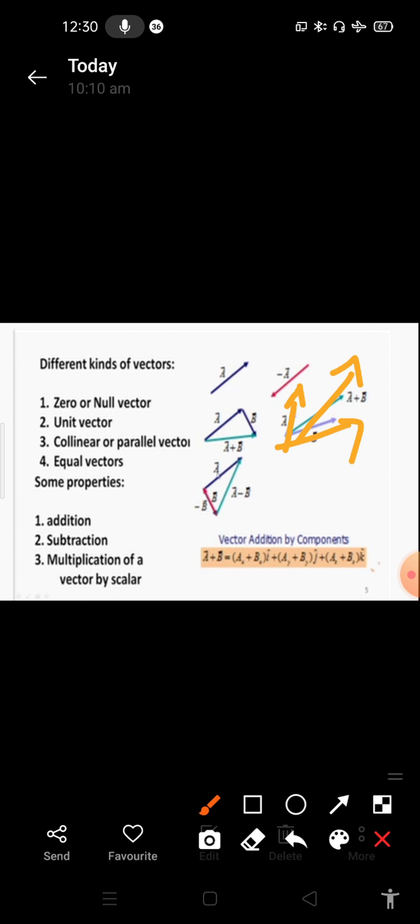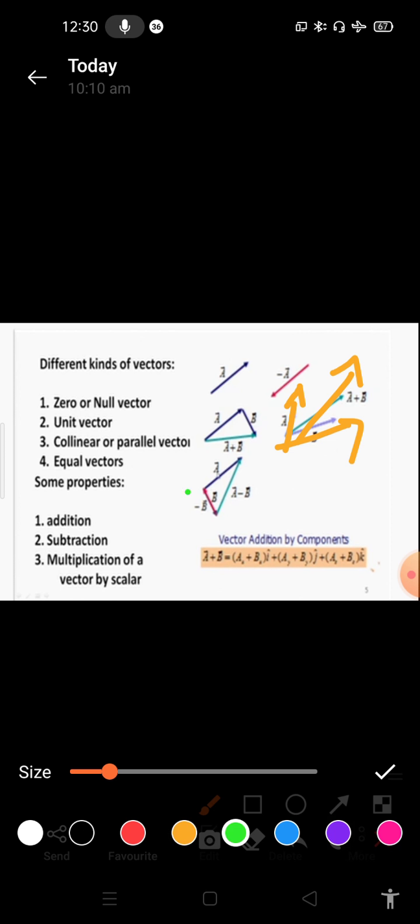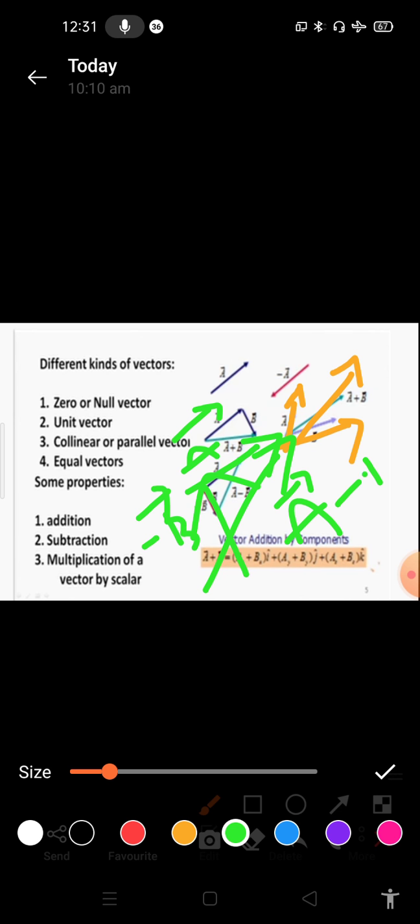Next type, that is A minus B. For example, the vector A is in this direction and B is opposite to that direction, that is why it is negative B bar, and positive A bar. So negative B bar and positive A bar, the resultant vector is A bar minus B bar, okay?